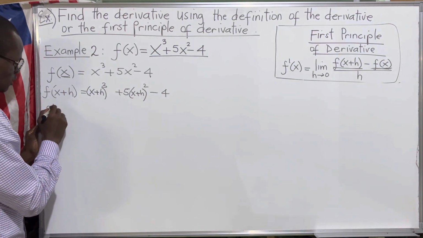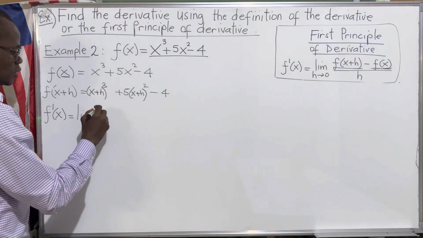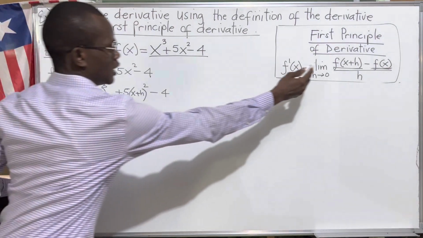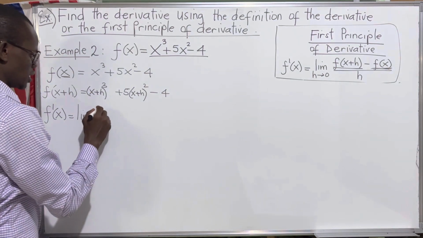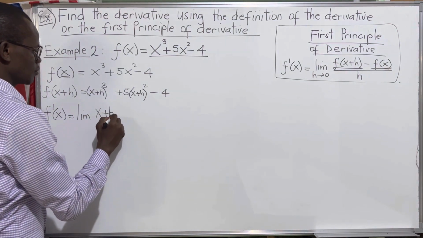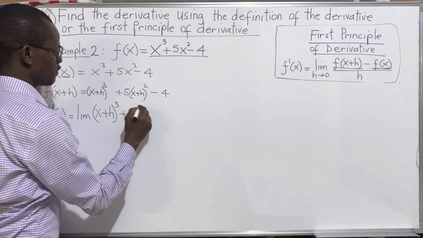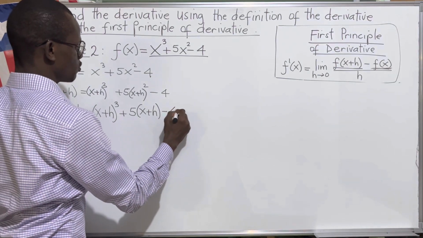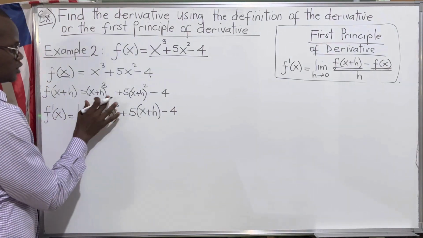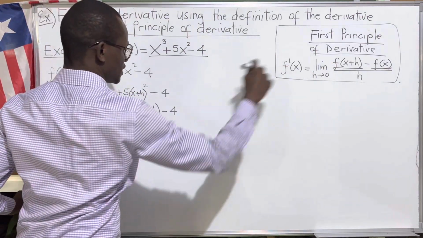So we put it within the formula: f prime of x is equal to the limit of, now f of x plus h now is just this expression. So we write the expression x plus h raised to the third power plus 5 times x plus h, squared, minus 4. So this is the first one. Then we have a minus sign there.